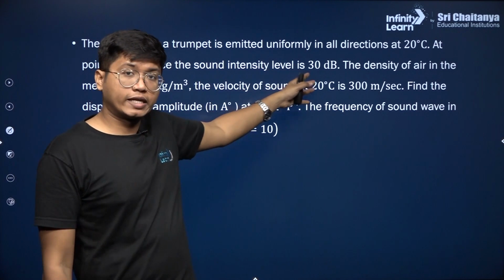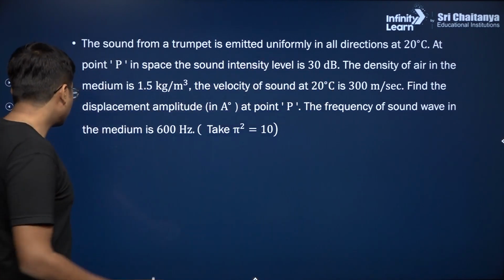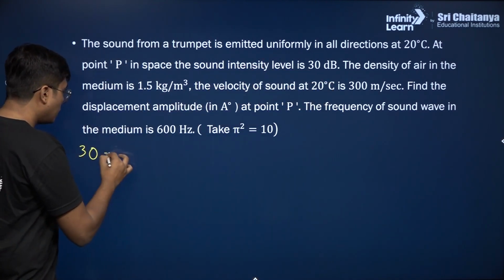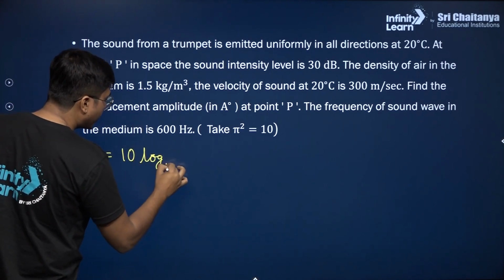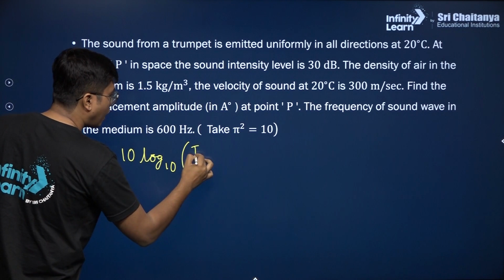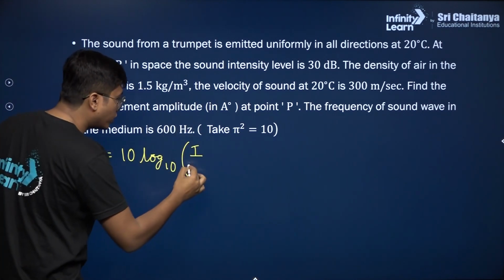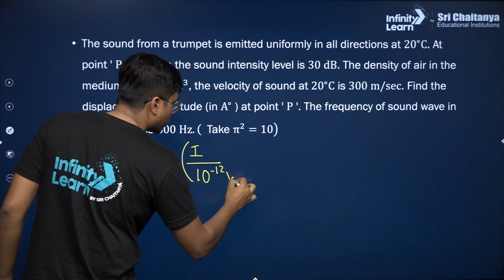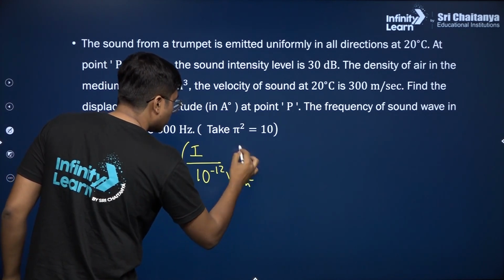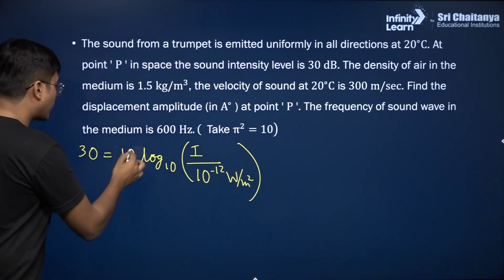This is given in terms of decibels. Now we know that 30 is equal to 10 log base 10 of I by I naught. I naught was 10 to the power minus 12 watt per meter square, right? So just from this you can cancel this out.